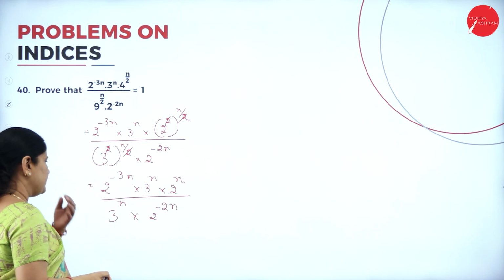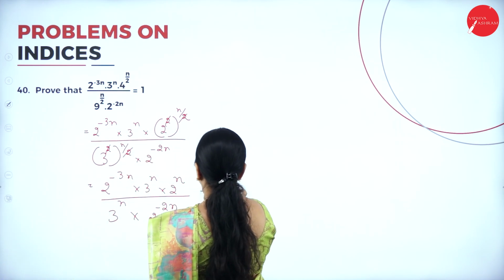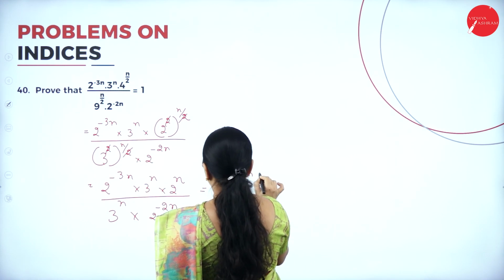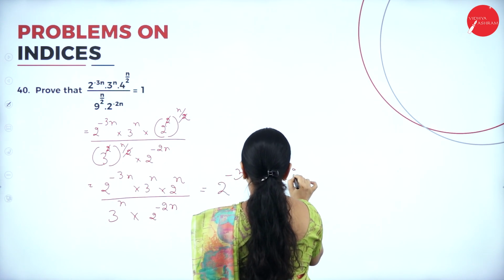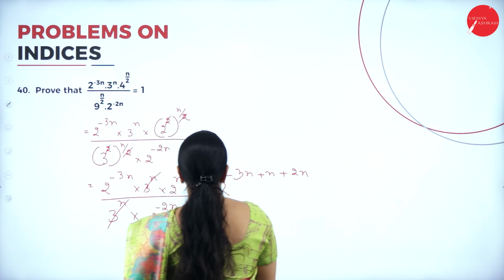Now I am simplifying this. So when I simplify this, I will get 2 to the power of minus 3n plus n plus 2n. So 3n gets cancelled.